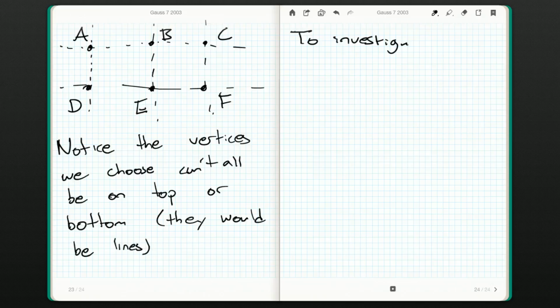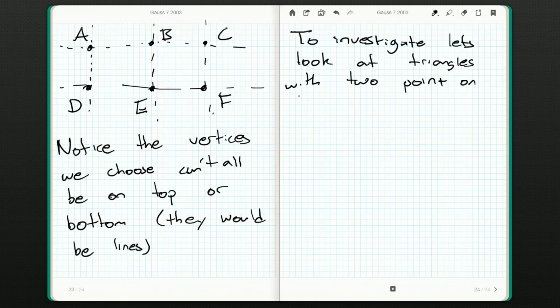So to investigate, let's look at triangles with 2 points on the bottom and 1 on the top. All right.